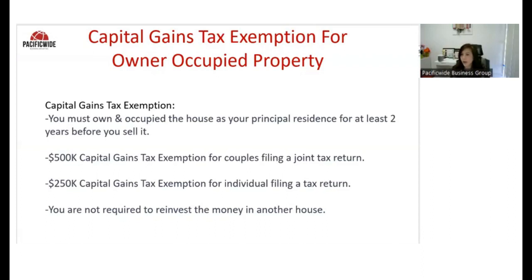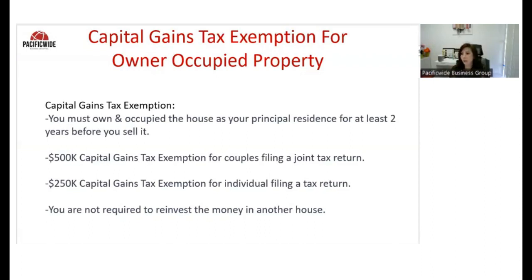In this case, how much do they get exemption from? 500,000 exemption. Okay, so their capital gain is 600,000, but they got a 500,000 tax exemption on capital gains. Then they only have to pay capital gains tax on 100,000.